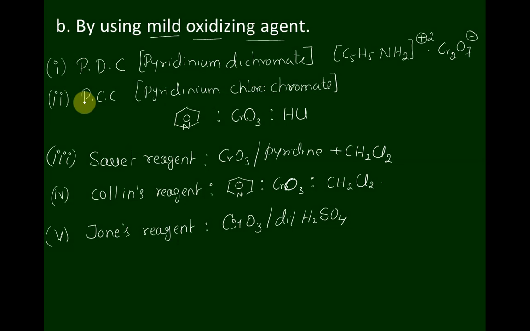The second one is PCC, pyridinium chlorochromate. Sarret reagent is a mixture of chromic oxide, pyridine, and dichloromethane in the ratio 1:1:2. Collins reagent is a mixture of pyridine, chromic oxide, and dichloromethane in the ratio 2:1:1. And the final one is Jones reagent, chromic oxide with dilute sulfuric acid.